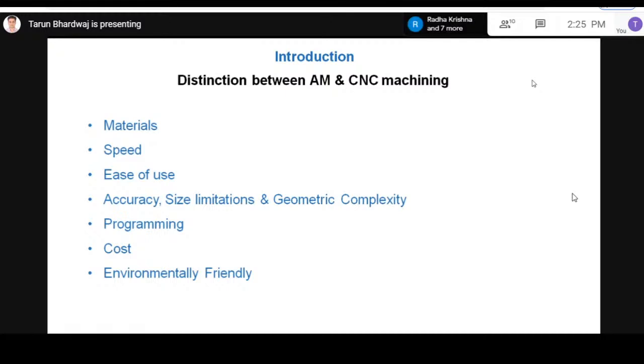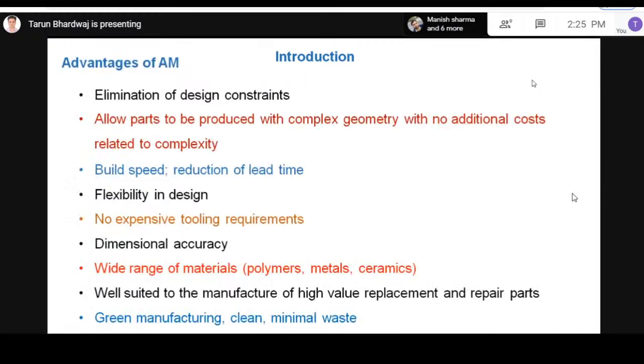And it is cost effective, but not in terms of process cost, rather in terms of waste, because process cost is very high due to the use of lasers and electron beams, as you know lasers cost crores. And they are quite environmentally friendly, because as you know the waste is very low.